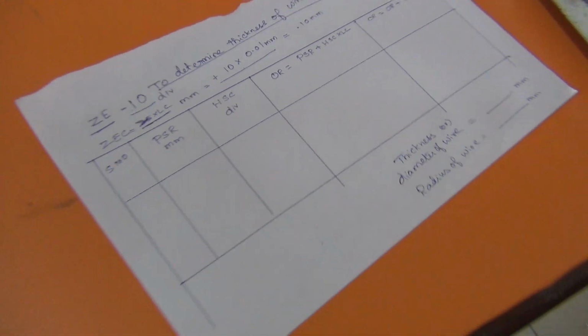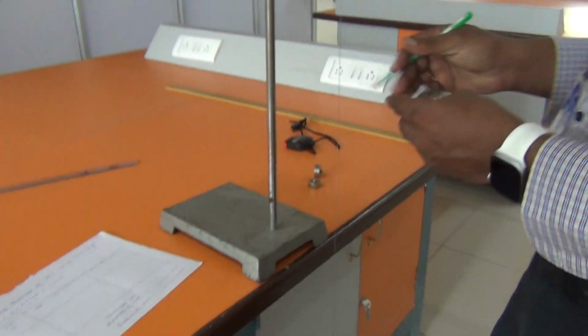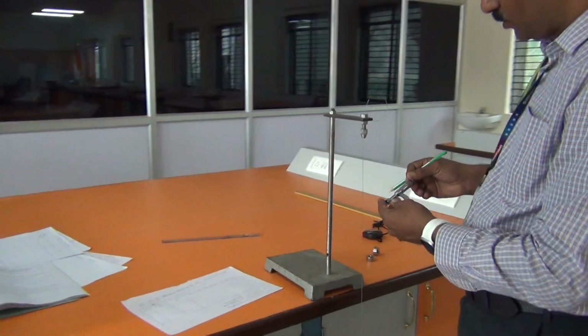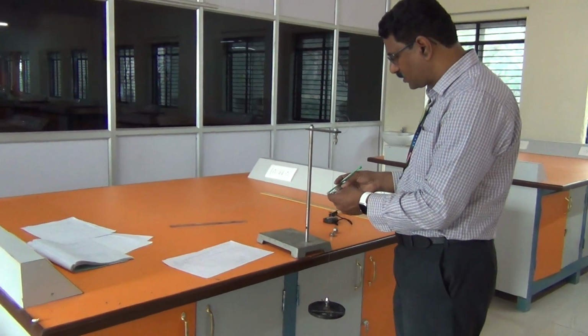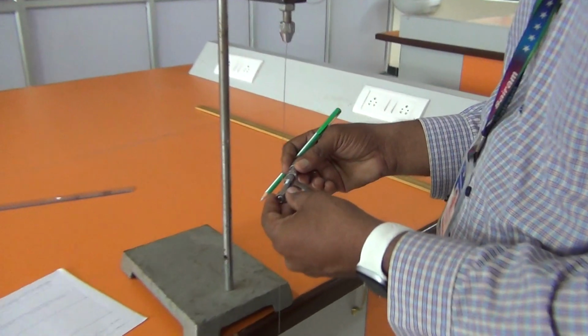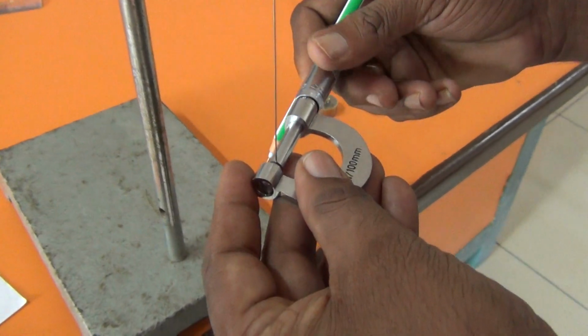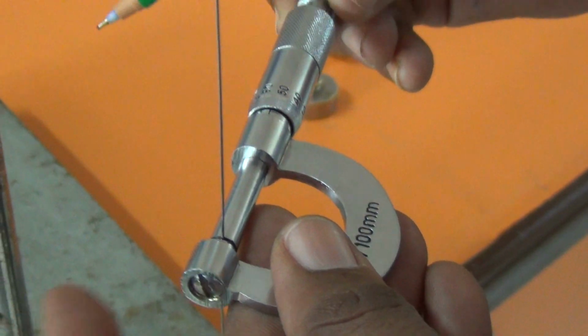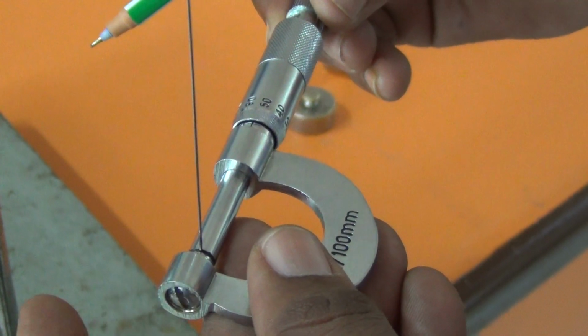Okay. Now our first aim is to find out the thickness of the wire. For that, take the screw gauge and keep the two arms in between the wire. So it is kept there. Don't tighten it more. Tighten gently so that it just touches the wire.